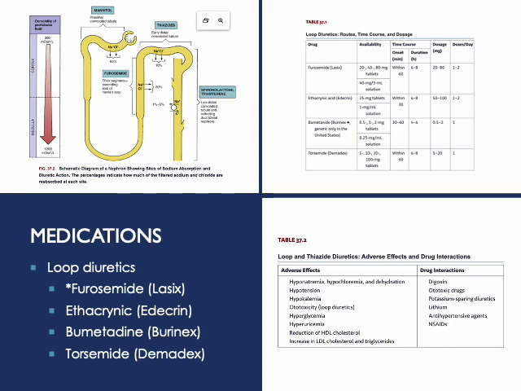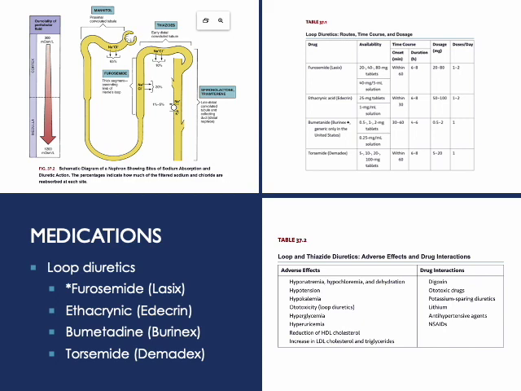And in the book, you can see the different routes, dosages, and the timing courses. They're on the diagram. You can also see the adverse drug reactions shown on these tables.